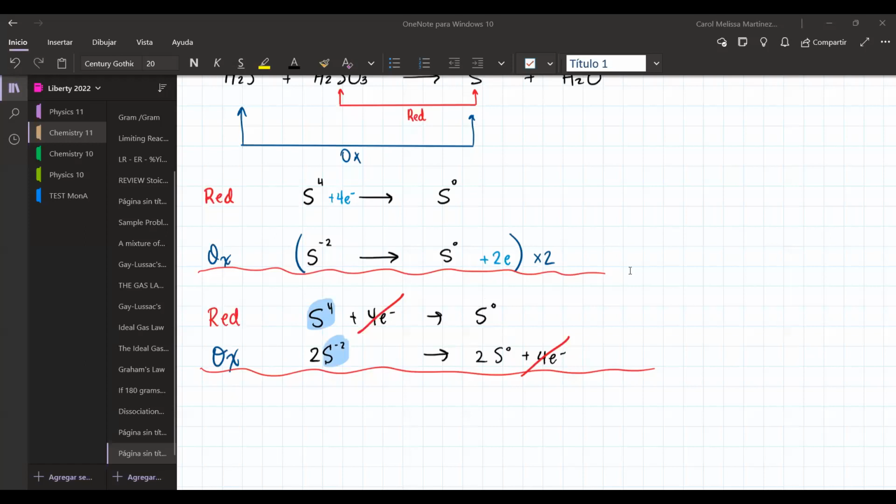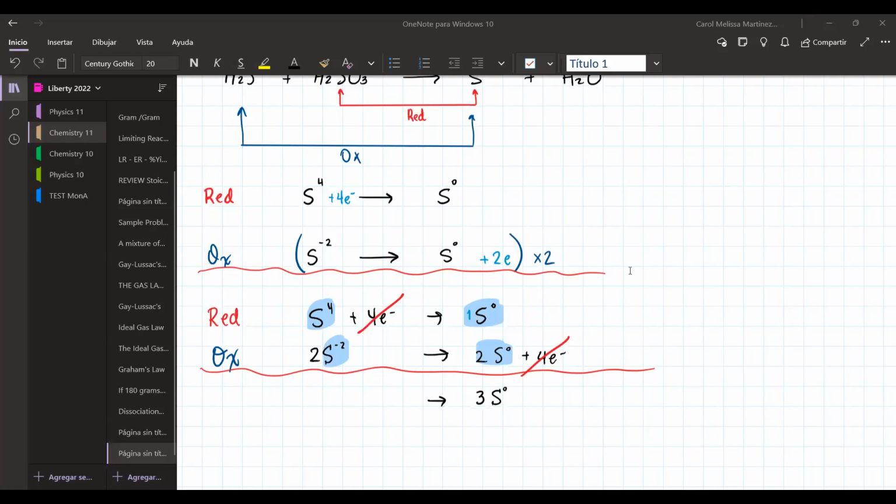So this is our invisible one, okay? And what we can do is we can add these 2 together because the only reason we do that is they both have the same oxidation state of 0. So when we add, we say 1 plus 2 give us 3 sulfurs.